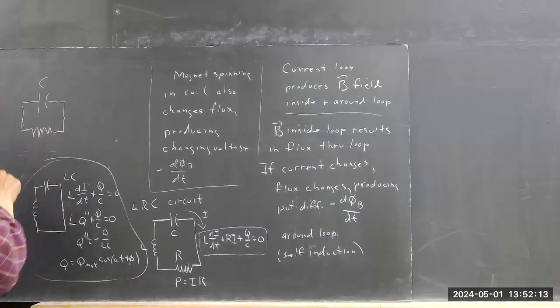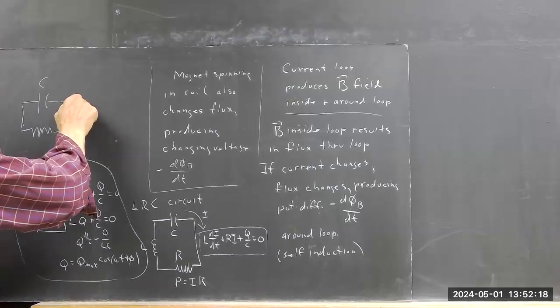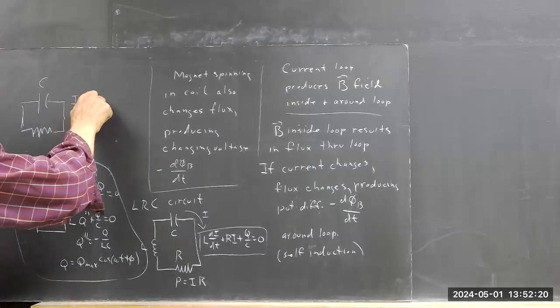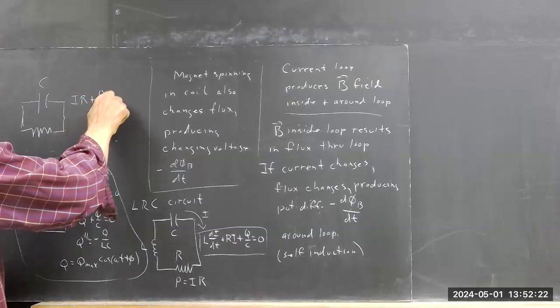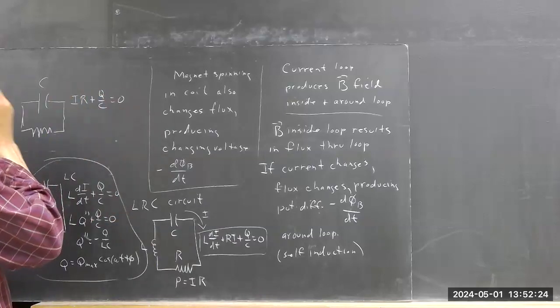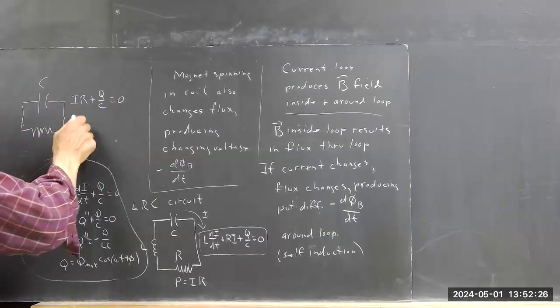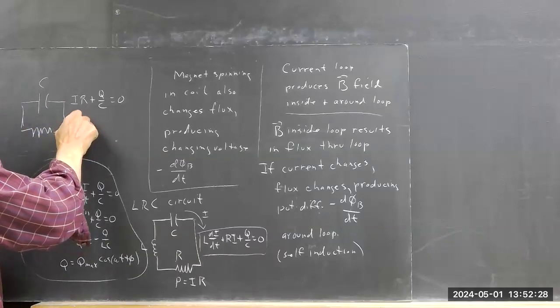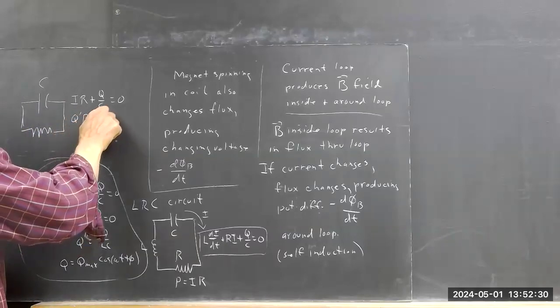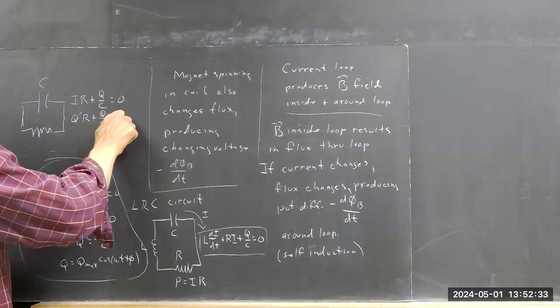And you have this if there's no voltage source in here, which means you got Q prime R plus Q over C equals 0.